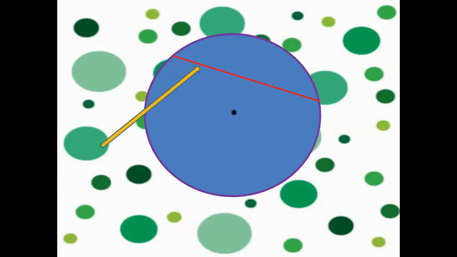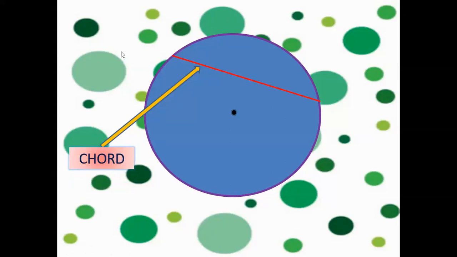What part of the circle is this arrow pointing to? And the answer is chord.